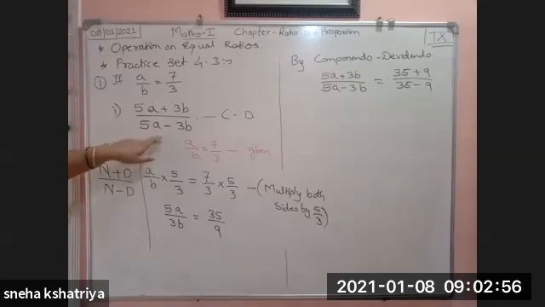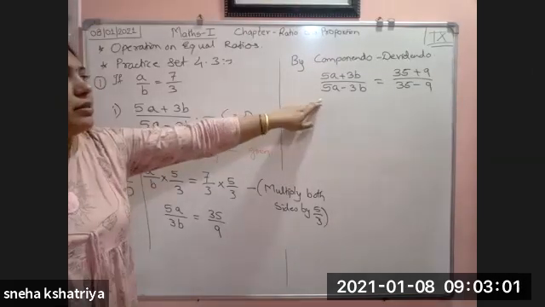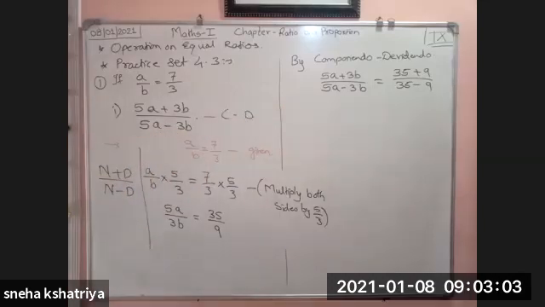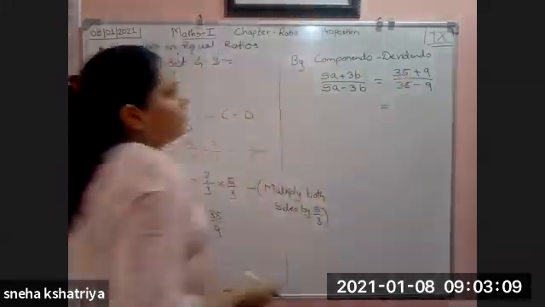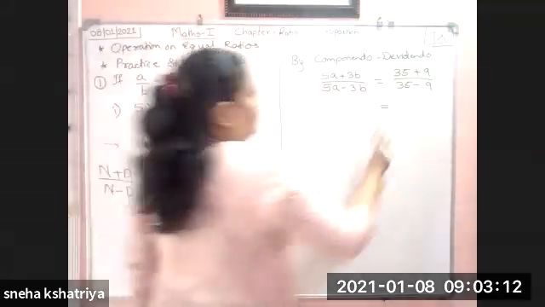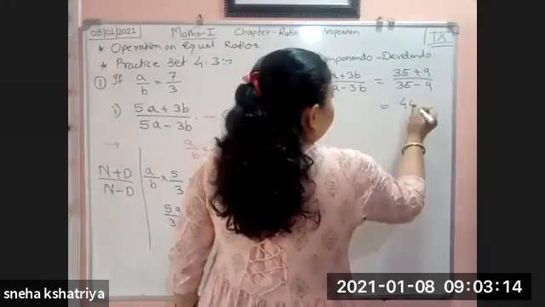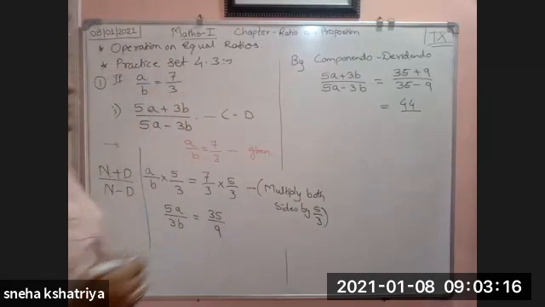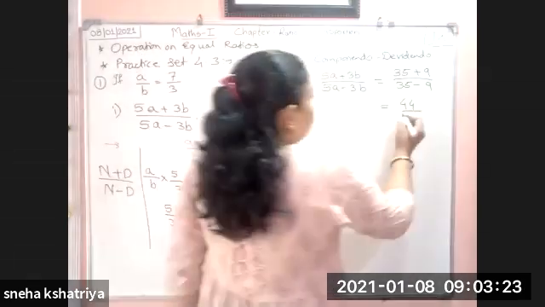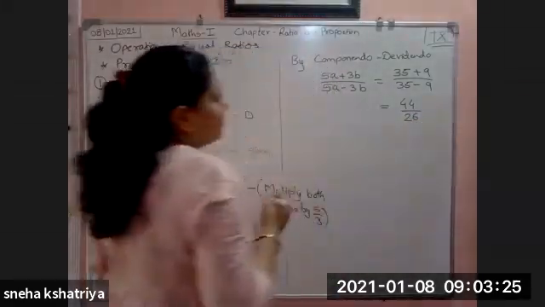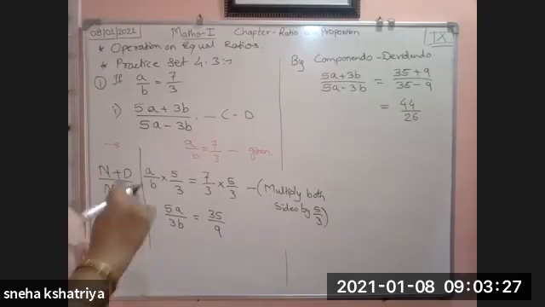We get this value. See here, left hand side, 5A plus 3B, 5A minus 3B. So we will get the value of this by solving this. 35 plus 9, it is 44, right? And 35 minus 9, it is 26.